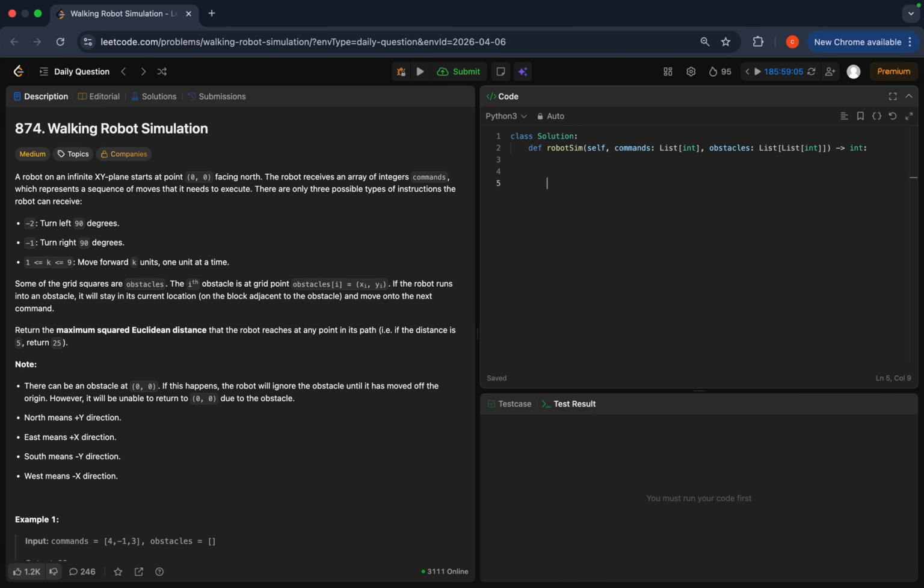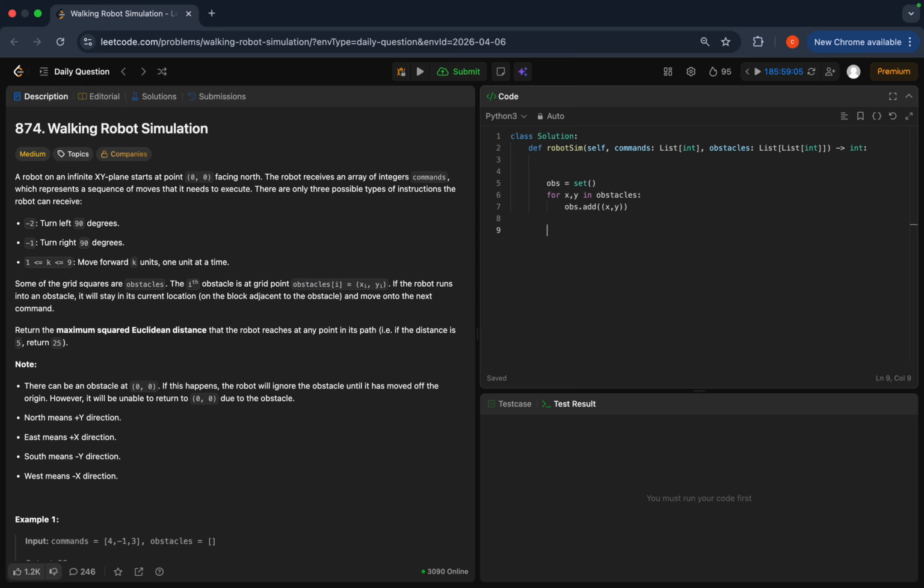So first, as I said, we have to handle the obstacles, so we will have a set. Obstacle is equal to set, so this will be the initialized set, and now we have to fill it with the tuples. So for x, y in obstacles, you have to add it in tuple format, so you add x and y into the set, and now this is done.